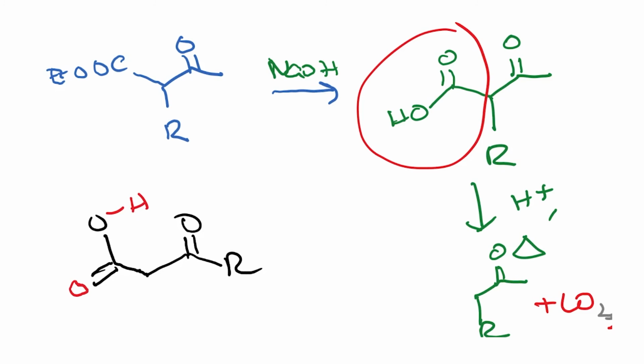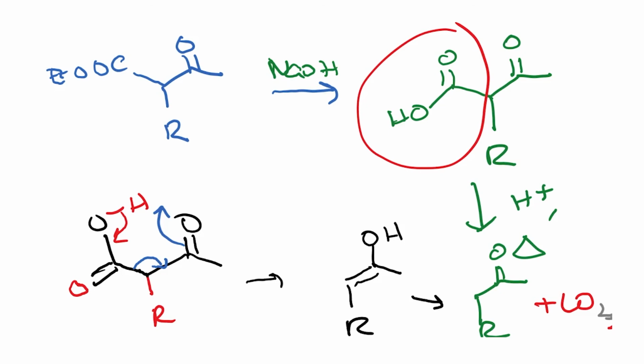Okay, so now when you add acid and heat, the kind of arrow pushing that we propose is the following. This carbon-carbon bond breaks, and you get the corresponding enol as the product plus CO2, which can tautomerize to give you the ketone.